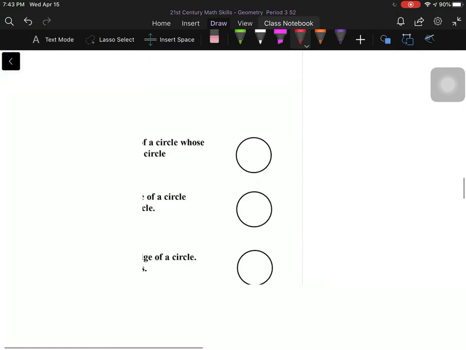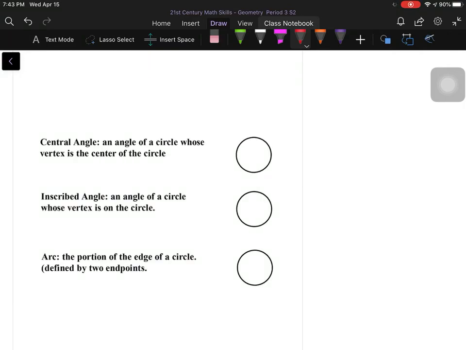Okay, so that's the majority of the vocab for parts of a circle, and then we get into the angles and the arcs. A central angle is an angle whose vertex is on the center of the circle. An inscribed angle is an angle whose vertex is on the circle.